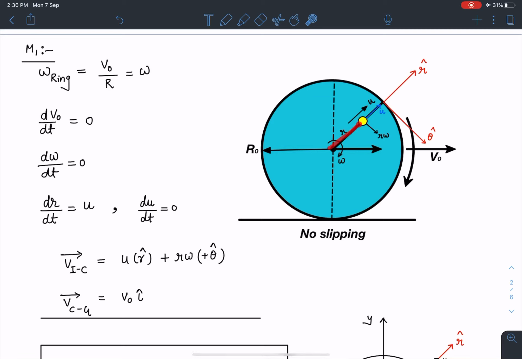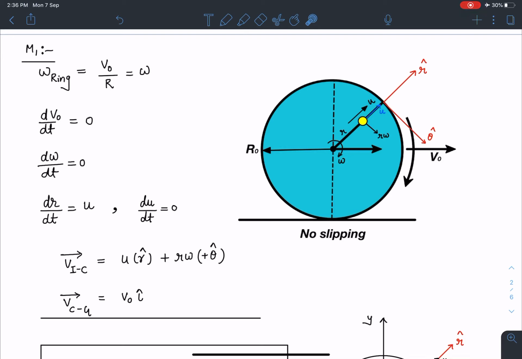Now this r relative to this frame, here I can say dr by dt I can simply write as u, because u is constant with respect to this rod. So dr by dt is u, and similarly, since u is constant, its time derivative is going to be 0. These are the information which is given to us.